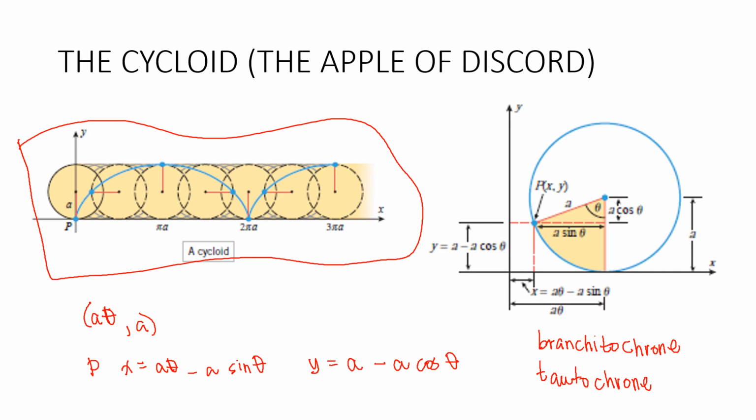In 1696, Johann Bernoulli posed the brachistochrone problem in the form of a challenge to other mathematicians.